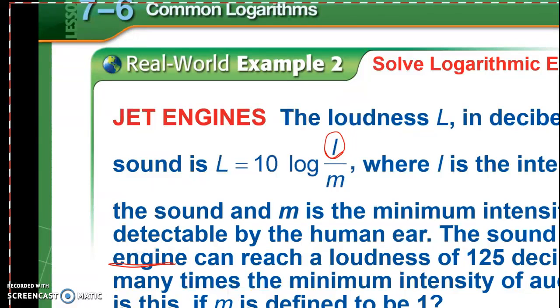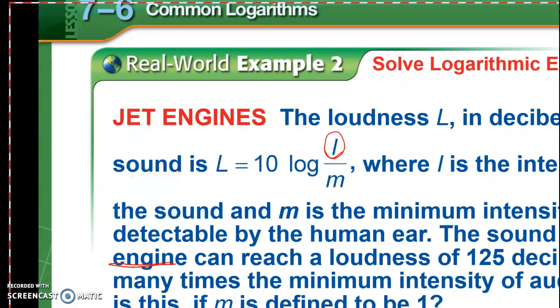So we have L equals 10 log I over 1. Anything over 1 is just itself. So L, our 125 decibels, equals 10 log I.